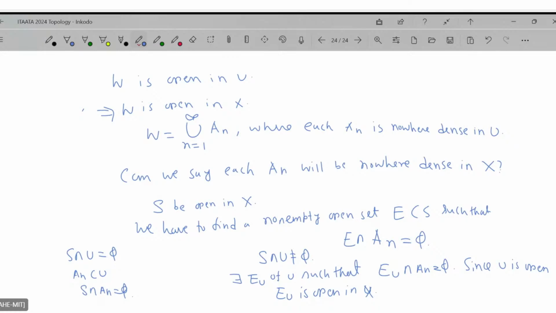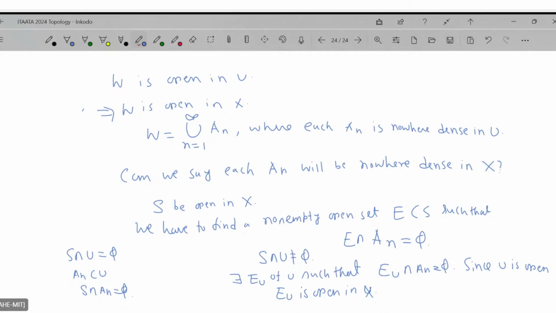Now these prove that each A_n is nowhere dense in U. But we proved that A_n is nowhere dense in X as well. Now X is a Baire space and you are writing an open set W as a union of nowhere dense sets, which is a contradiction. So therefore, W cannot be major in U. So this is the proof basically.